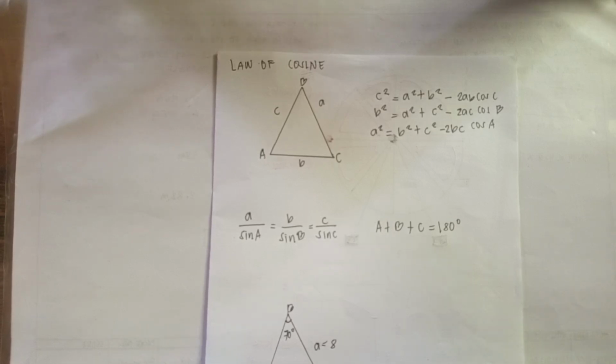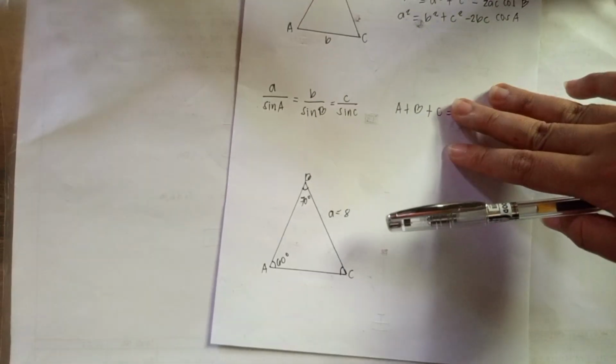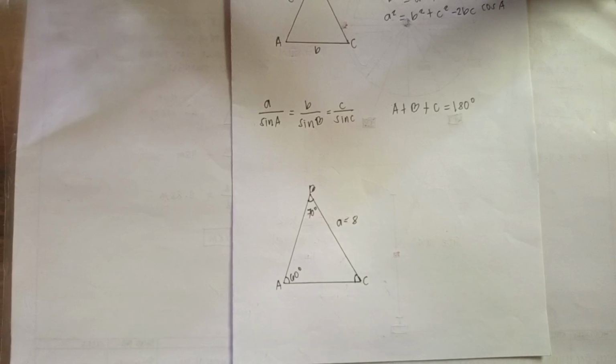And remember, the three angles of a triangle will always add to 180 degrees. So let's work on an example. Let's say we're given angle A equals 60 degrees, angle B equals 70 degrees, and also side a equals 8.